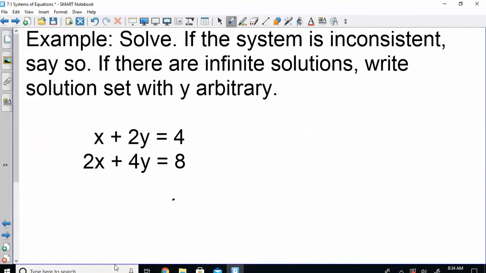Let's look at this one. So if I am doing elimination, you would take the top one times -2.